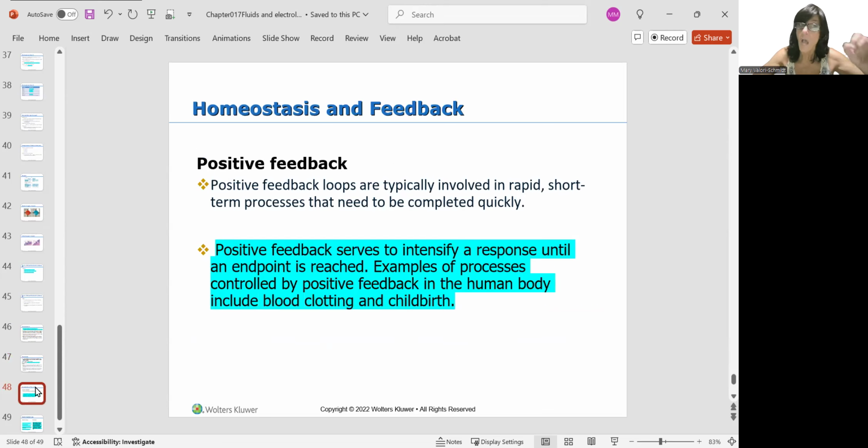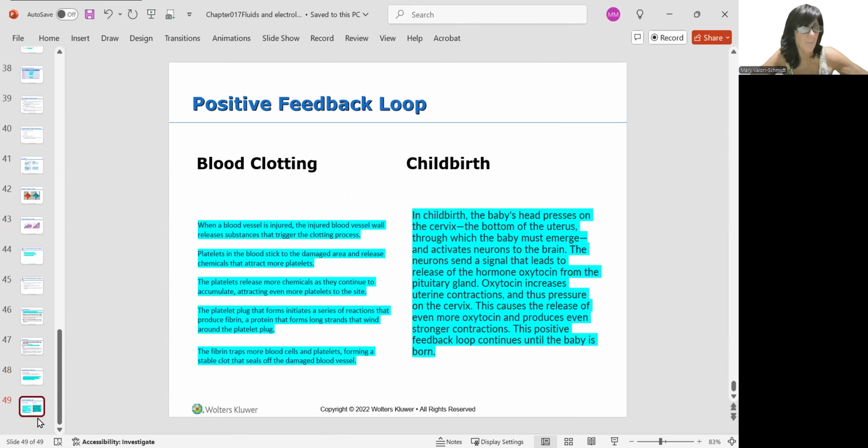Positive feedback, not as common, but it happens, is where whatever the initial stimulus is, something happens to make it more profound, okay? The two best examples are blood clotting and having a baby. Let me show you. I'm going to do the baby first. When you're delivering a baby, the baby's head is pressing on the cervix.